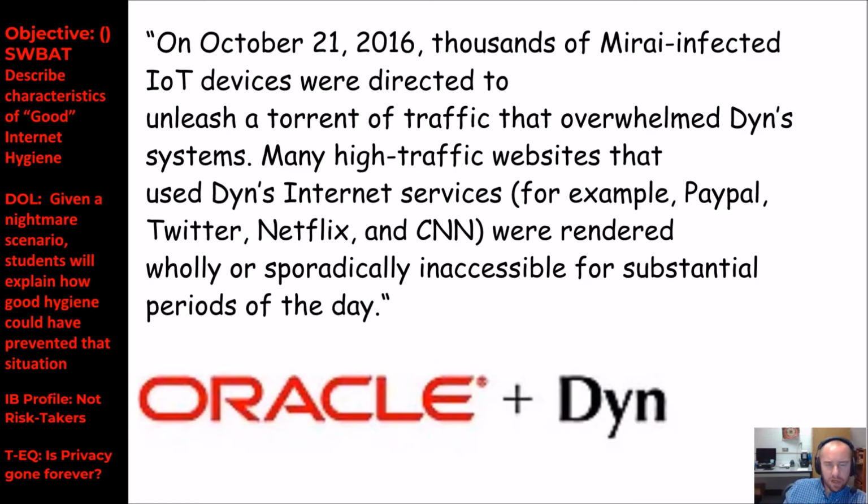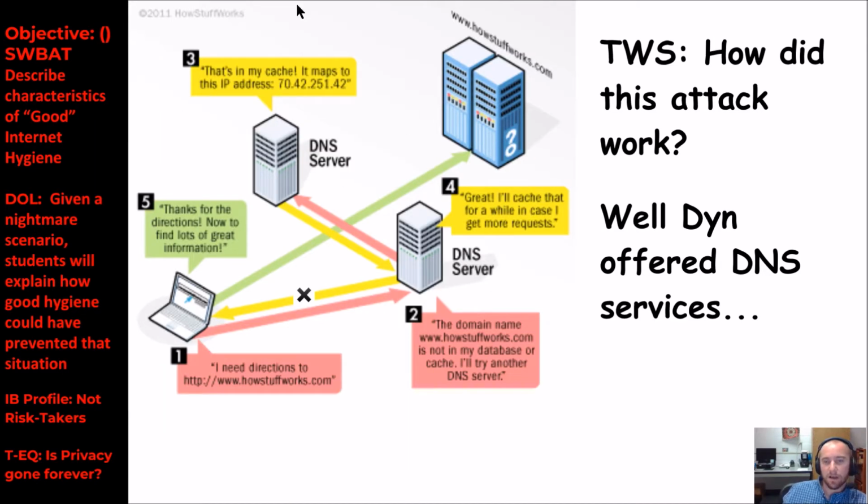What happened was on October 21st, 2016, thousands of Mirai-infected IoT devices were directed to unleash a torrent of traffic that overwhelmed DIN's systems. So what's DIN famous for? Providing DNS servers for big companies such as PayPal, Twitter, Netflix, CNN, etc. So a torrent of traffic created a DDoS attack on these companies.